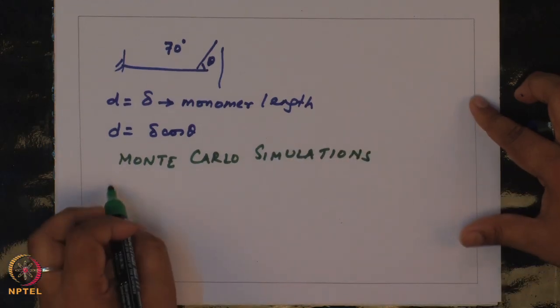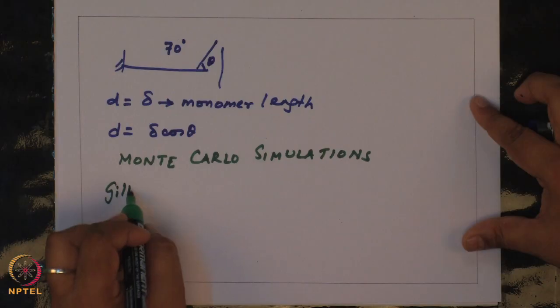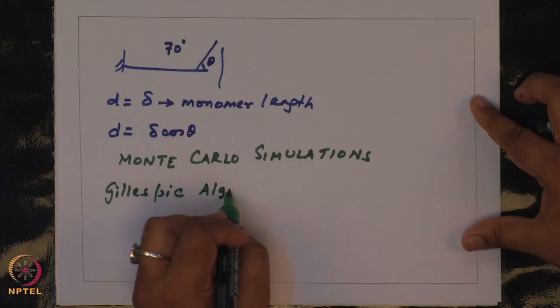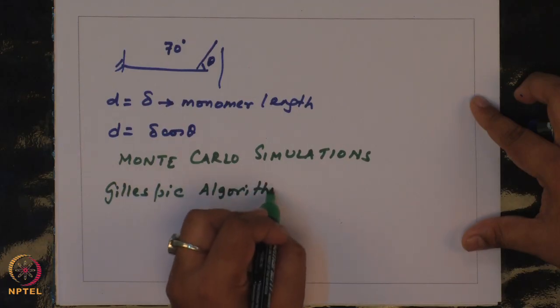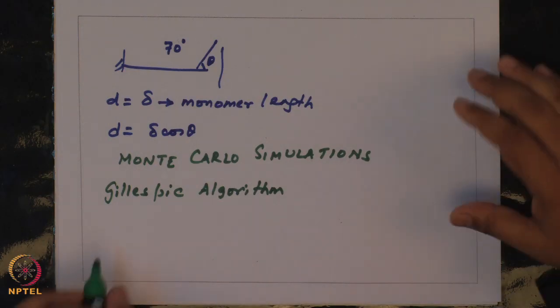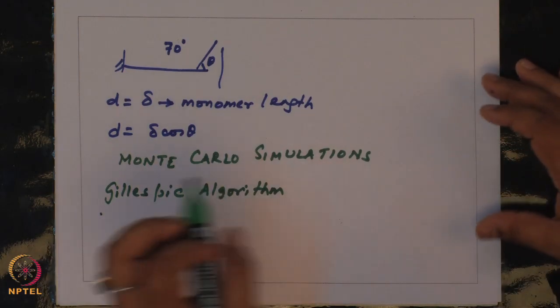Okay. Specifically, we use an algorithm called the Gillespie algorithm. In Gillespie's algorithm, you have the total number of events.